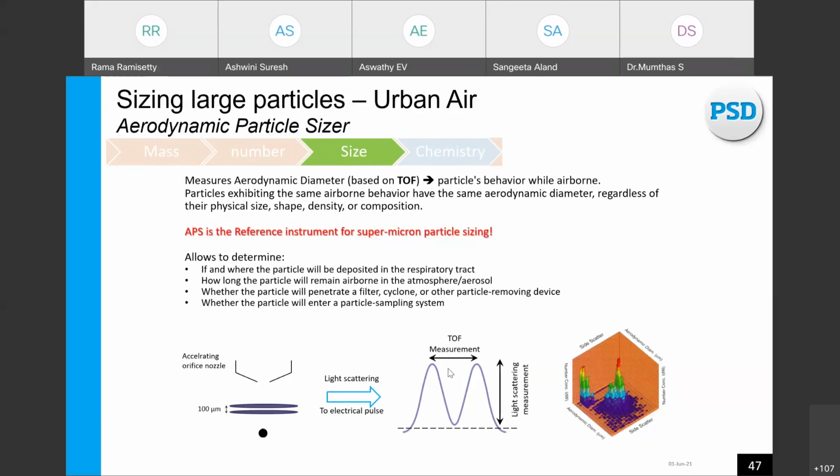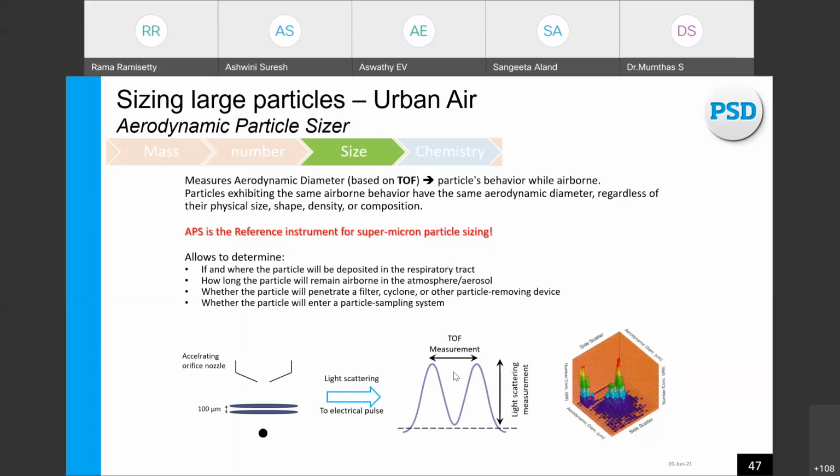The distance between these two beams is fixed, and the time of flight, that means the time to traverse from one beam to the other, is directly proportional to the particle size. The smaller particles can travel quickly, and the bigger particles will take time to reach the other beam. That's why it is called the time of flight.